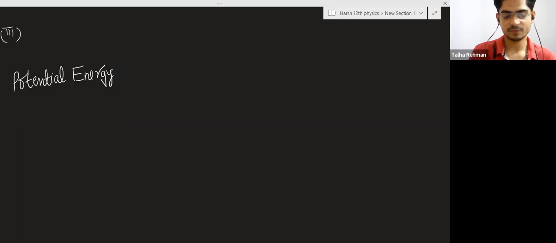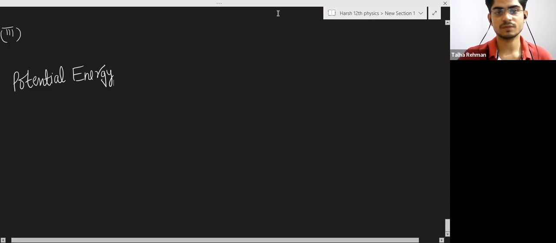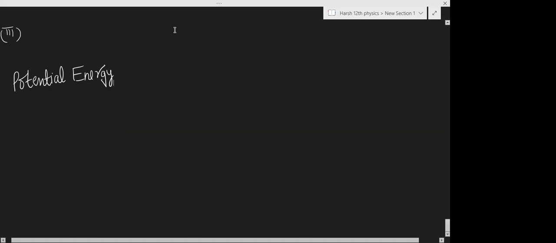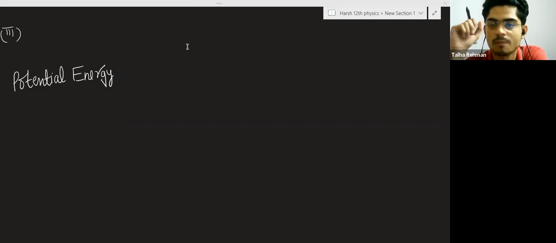So we can say it's the hidden energy of an object due to its position. This is the hidden form of energy.